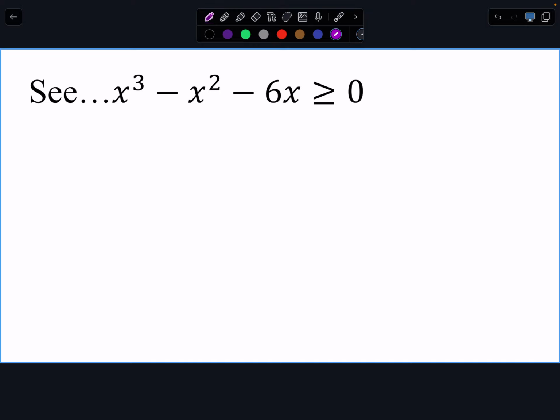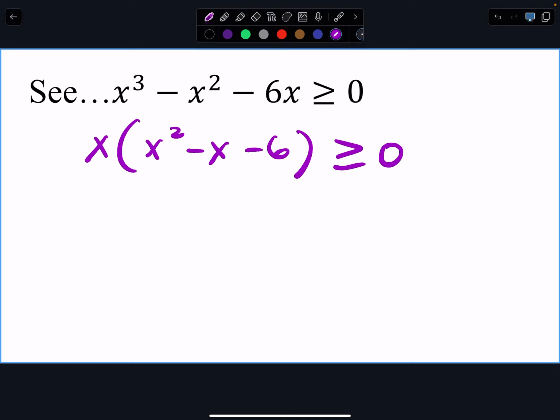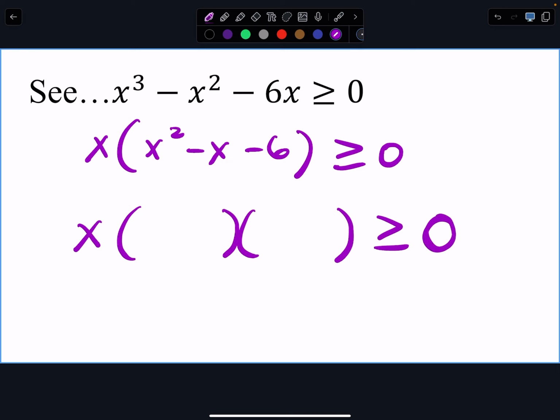Okay, so looking at this, we can't factor with guess and check yet, but we notice that there is a common factor of x that we can factor out. Okay, and then factoring that quadratic, -3 plus 2.